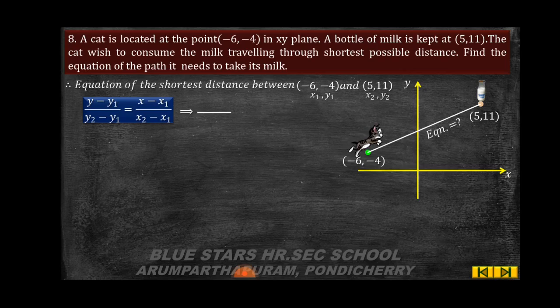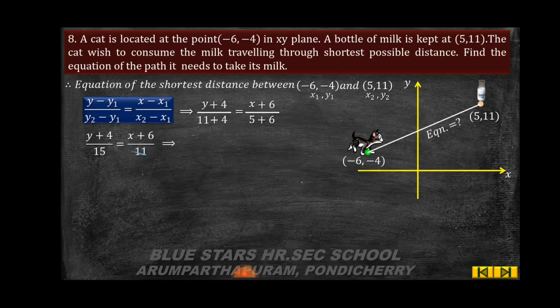Substitute the values in the formula. y minus y1 is minus 4, so minus into minus plus 4, divided by y2 value 11 minus y1 value minus 4, so minus of minus plus, which is equal to x minus x1 value minus 6, so minus of minus plus 6, divided by x2 value 5 minus of minus plus 6. Which is equal to y plus 4 divided by 11 plus 4 is 15, which is equal to x plus 6 divided by 5 plus 6 is 11.